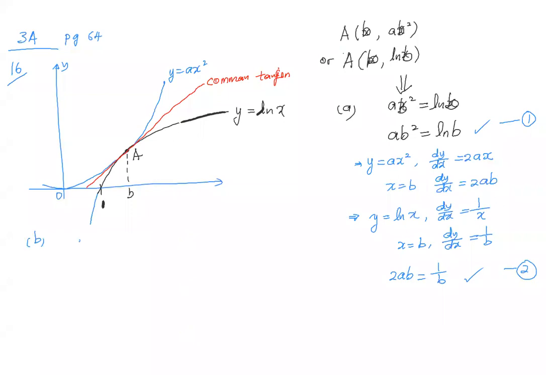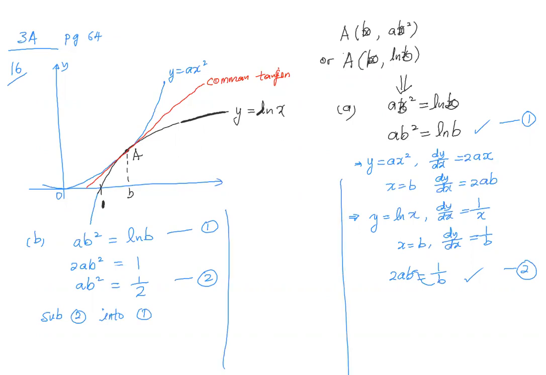The first equation is ab squared equal to ln b. Second, can I bring this one up? And I say 2ab squared is equal to 1. So ab squared will be equal to 1 over 2. So this is my equation 1, equation 2. I substitute equation 2 into equation 1.